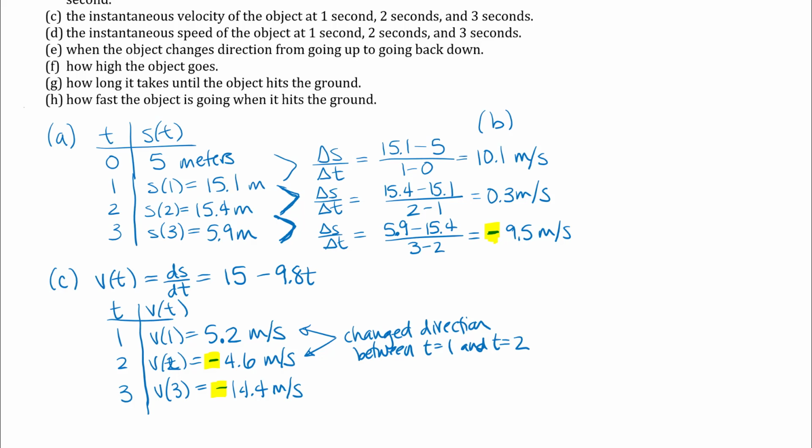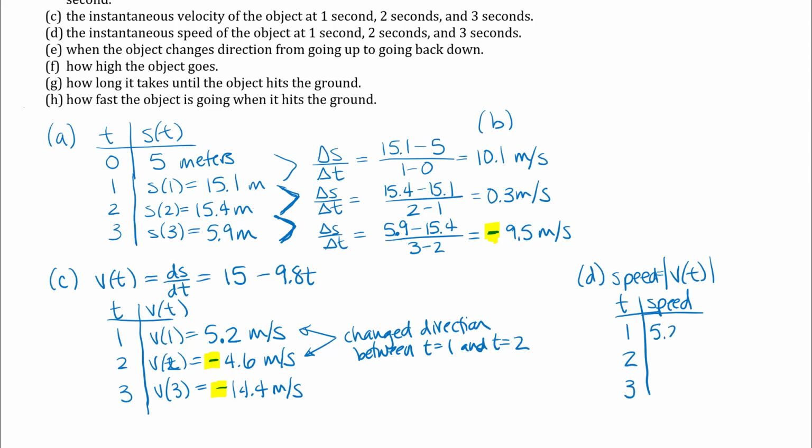All right, for part D, it asks us about instantaneous speed, so I don't really have to do too much work with that. If I just remember that instantaneous speed is the absolute value of the velocity function. So I have my velocity values here, and so we can find the speed at each of those t values by just finding the absolute value of my answer.